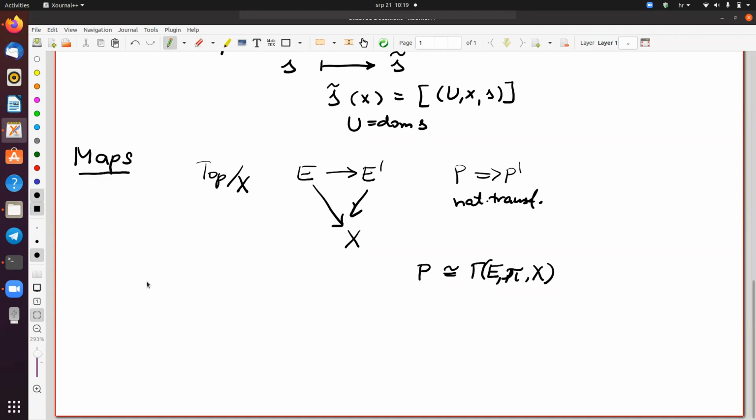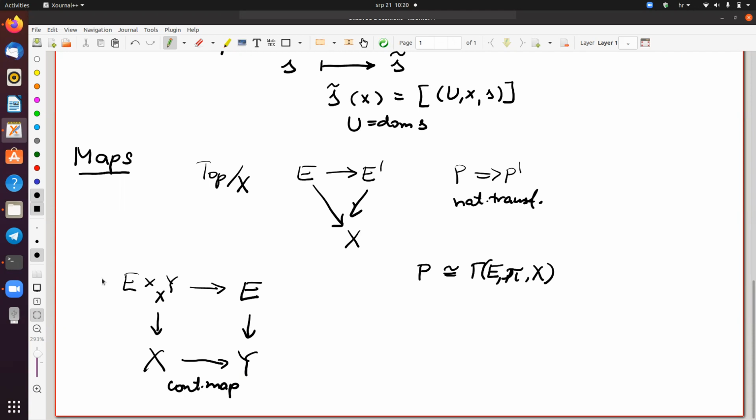So what is a pullback? If I have F from X to Y, a continuous map of topological spaces, and I have E not over X but over Y, then you can define the set theoretic pullback E cross over Y of X. And in the category of topological spaces, it has a topology so that it is actually the topological pullback.